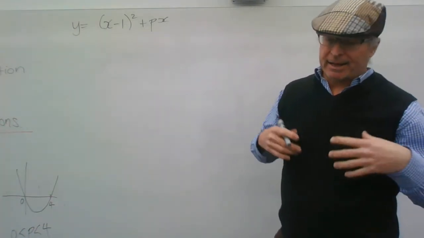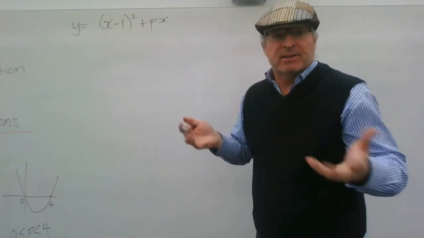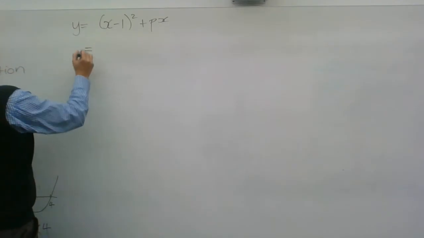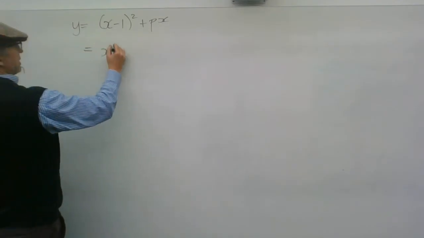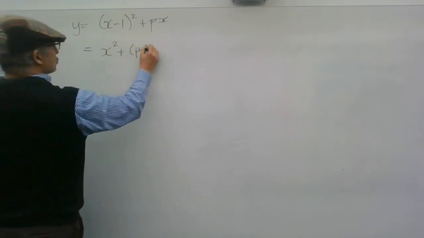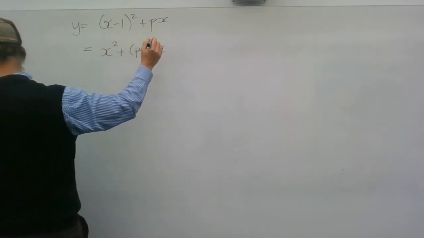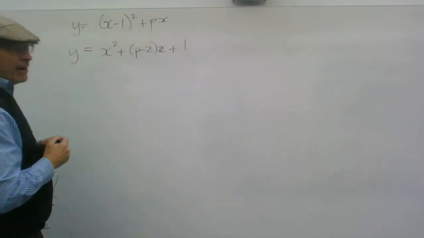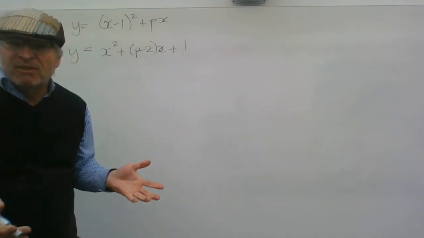So if it's above the x-axis, it's got no real solutions. So I'm just going to rewrite it as before, as x squared plus (p minus 2)x plus 1. And then I'm going to find the coordinates of the vertex.